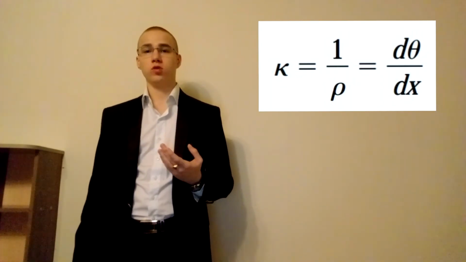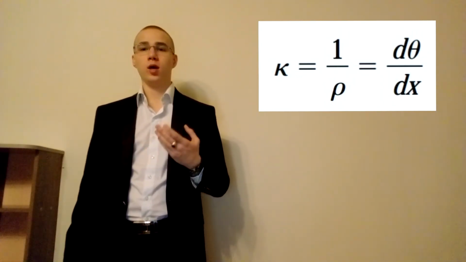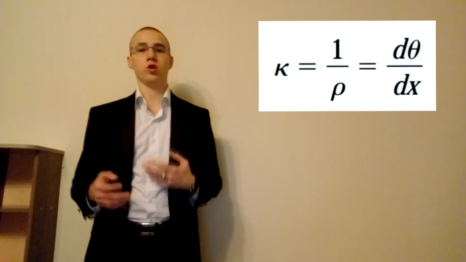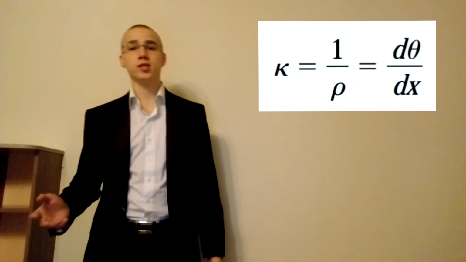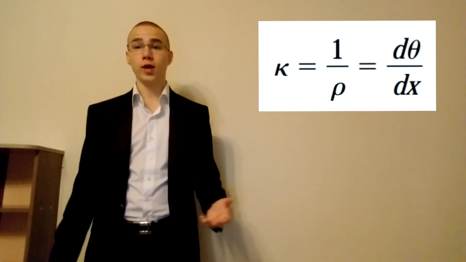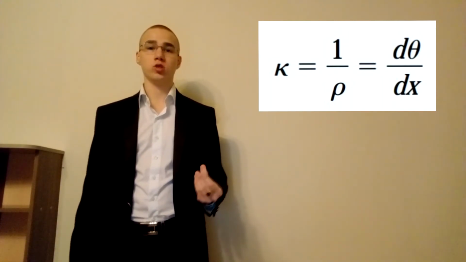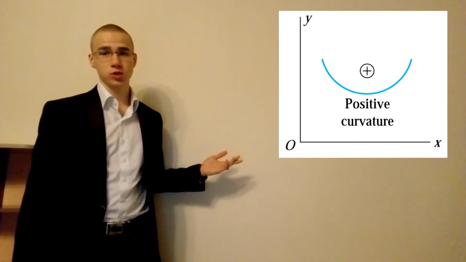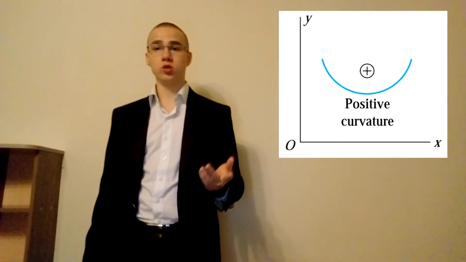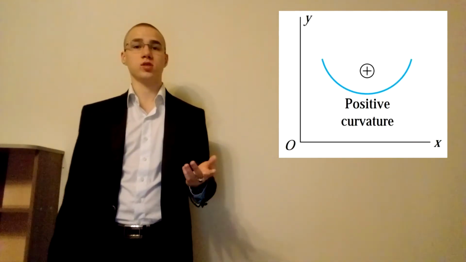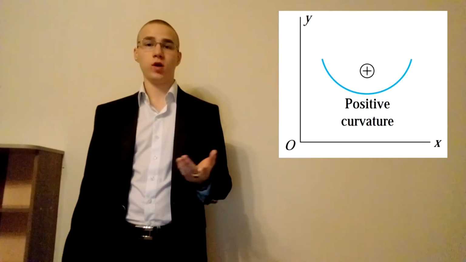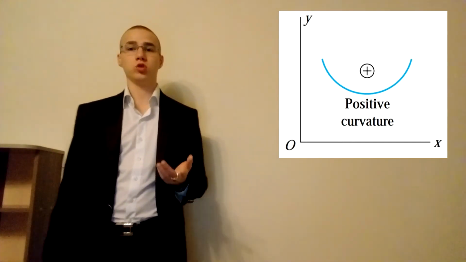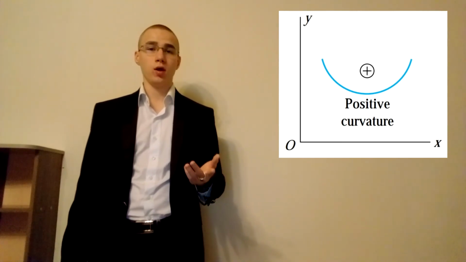The sign convention for curvature depends upon the orientation of the coordinate axes. If the x-axis is positive to the right and the y-axis is positive upward, as shown in the third figure, then the curvature is positive when the beam is bent concave upward and the center of curvature is above the beam.